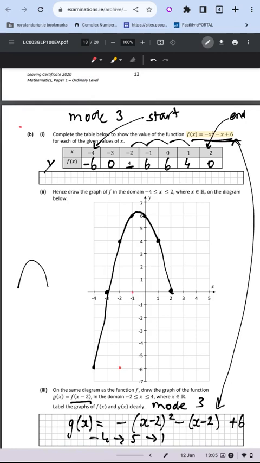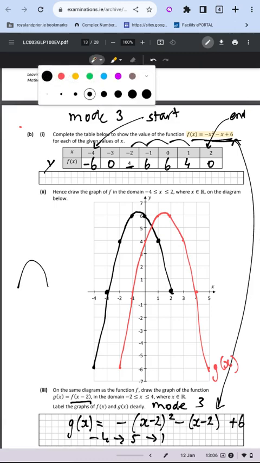So it's just moved to the right by 2. 0, 4. 1, 6. But let the calculator do the work for you. 2, 6. 3, 4. 4, 0. And 5, minus 6. Too difficult otherwise. And join that up in a smooth curve. Round the top. And then down again. And that's your function g of x.